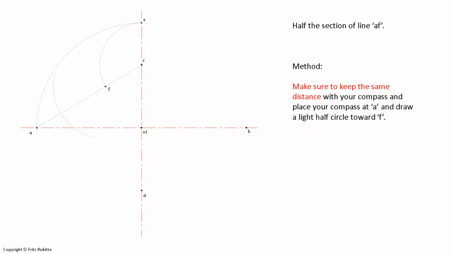Now we will repeat the same step from point A by placing our compass at point A, and we do not adjust the length of our compass. We keep it exactly the same distance and draw a light construction arc as shown here.